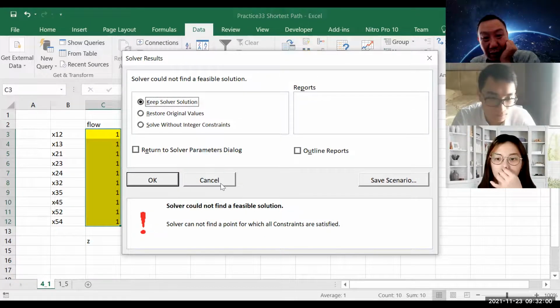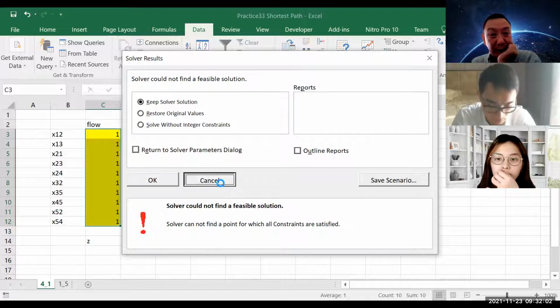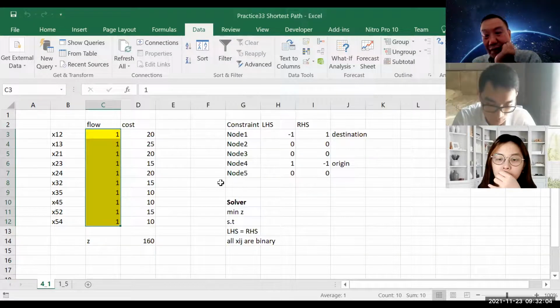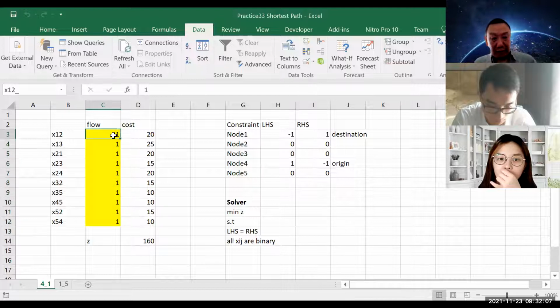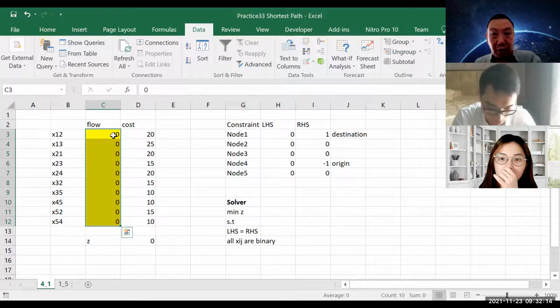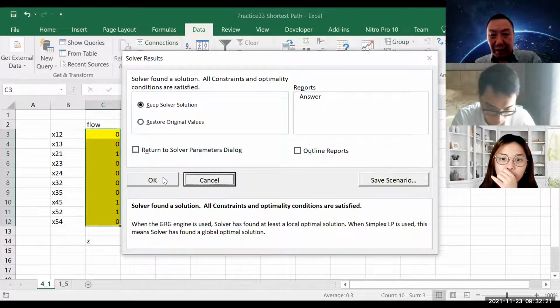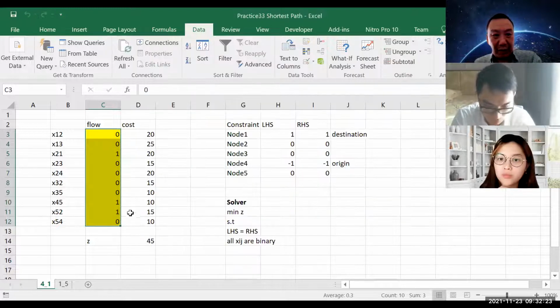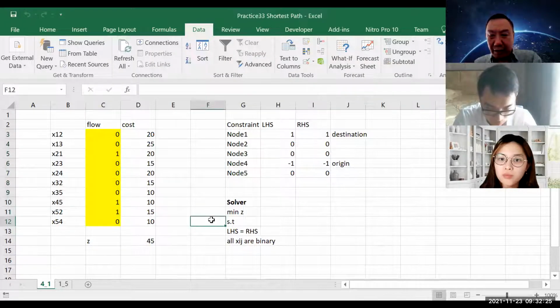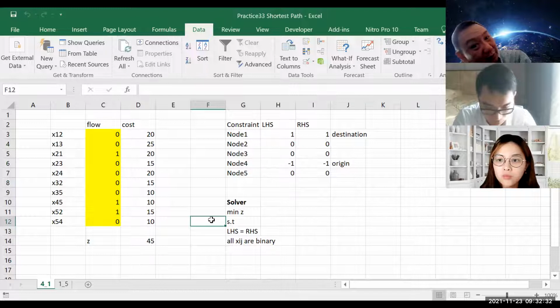Solver cannot find the solution. So initial value matters. If you put 0, you get the correct answer, which you can compare with the manual computation. That is the solution, which is correct. But once you change the initial value to all 1, it cannot find the solution.